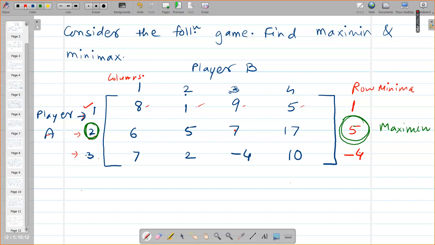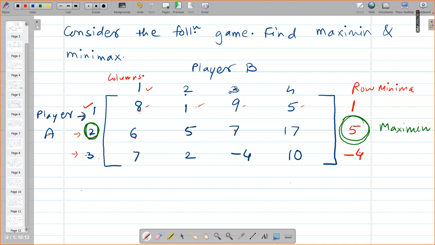So now from columns, I'm telling player B, yes, if you fix strategy 1, then player A has got how many choices? Three choices. Among these 3 choices, player A should go for which strategy? The maximum one, 8.